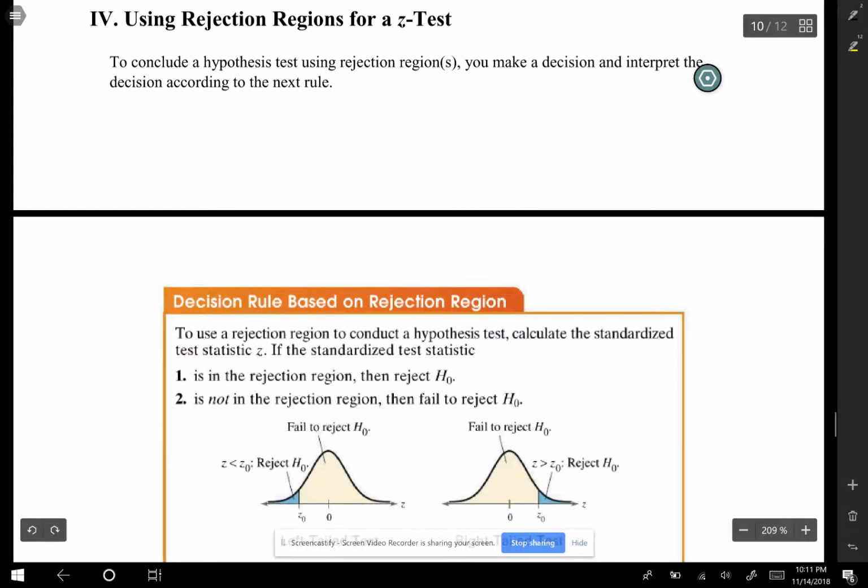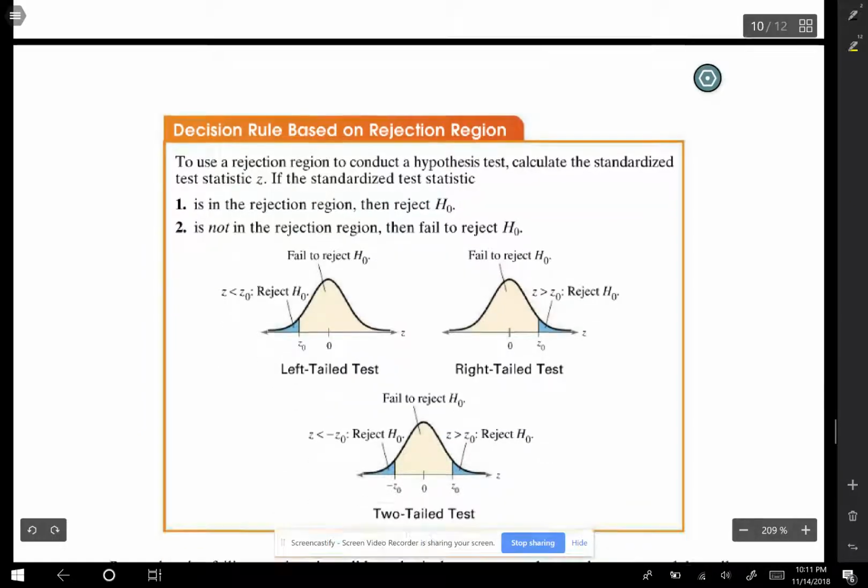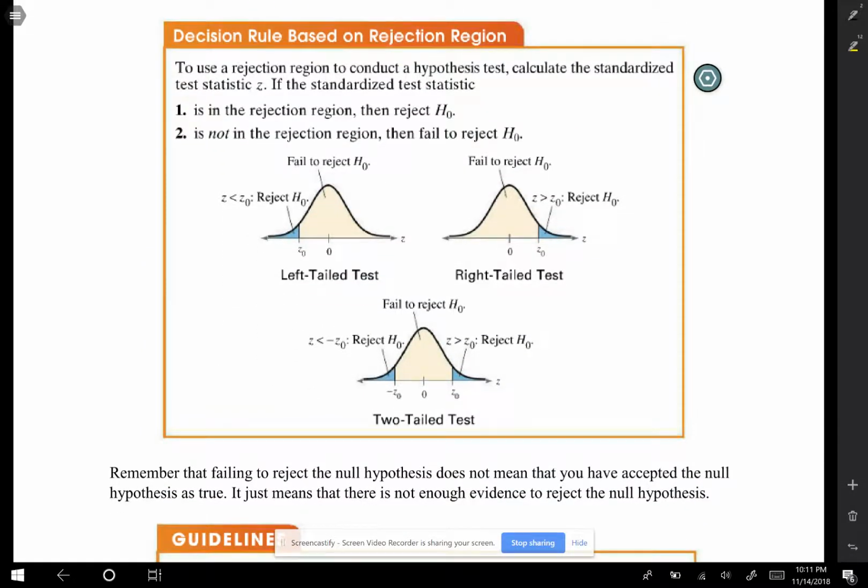So in the next part, we're going to use the rejection region for a z-test. To conclude a hypothesis test using rejection regions, you're going to make a decision and interpret using this rule. So here's our rule. We're going to calculate the standardized test statistic z, just like we've been doing. If that statistic is in the rejection region, we're rejecting the null hypothesis.